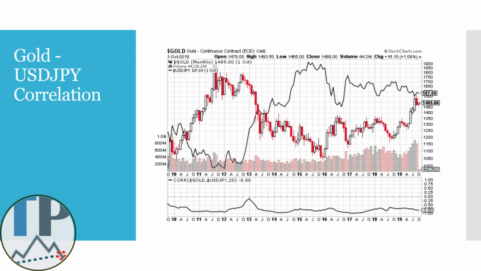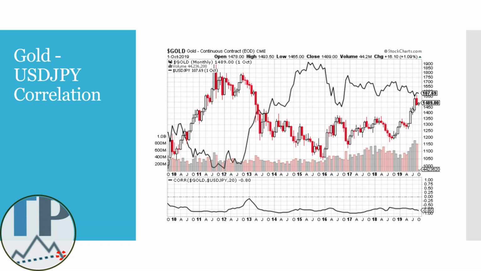Okay, so just looking back at this correlation table though, at the bottom, what we see is that the correlation is negative for the entire 10-year plot. And so all that means is that the dollar yen tends to fall when gold rises.